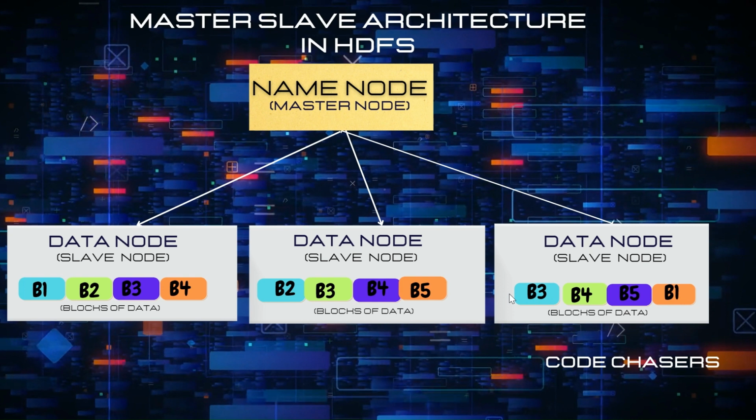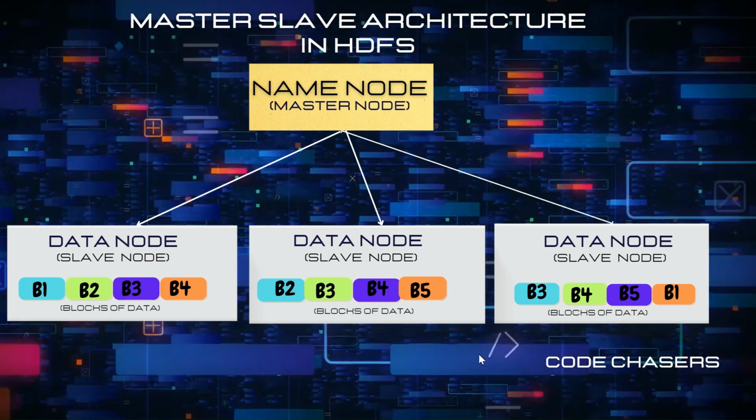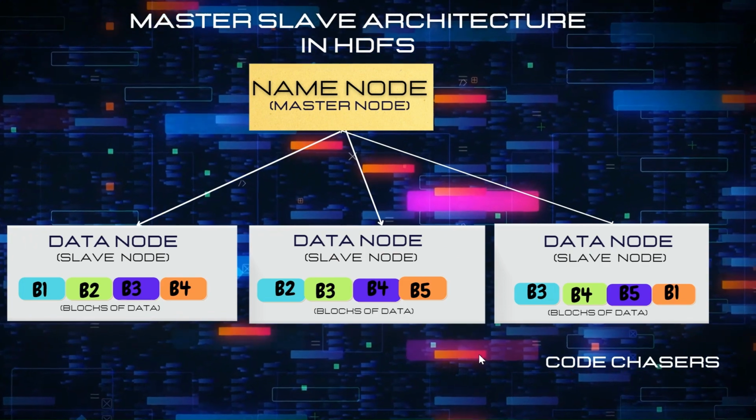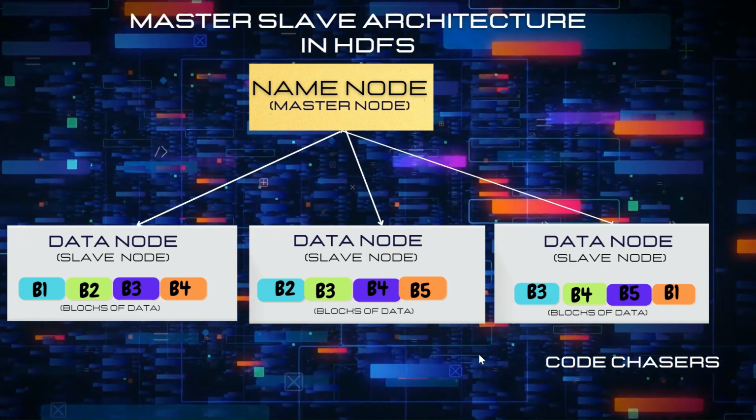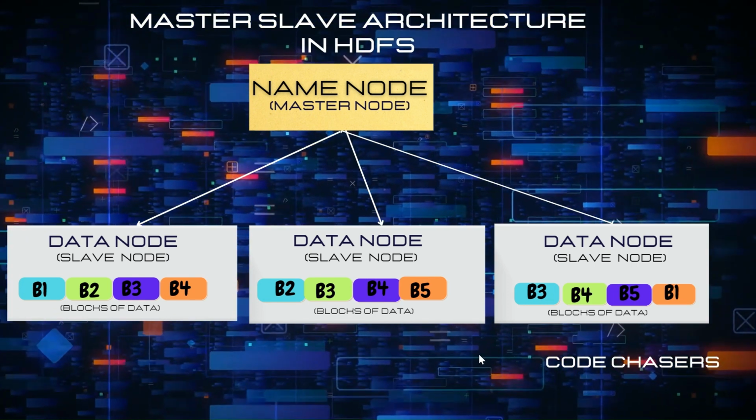Now, I have said the name node contains metadata of the whole cluster. What is metadata? Metadata is data about data. Keep it simple. Suppose we take a person who is residing in California. California is the address of the person. An address is saying something, some information about the person. I can treat the address as data about that person, right?